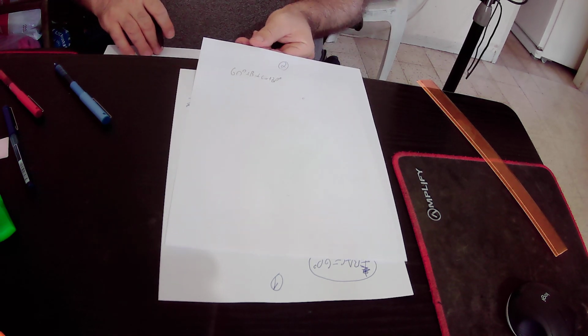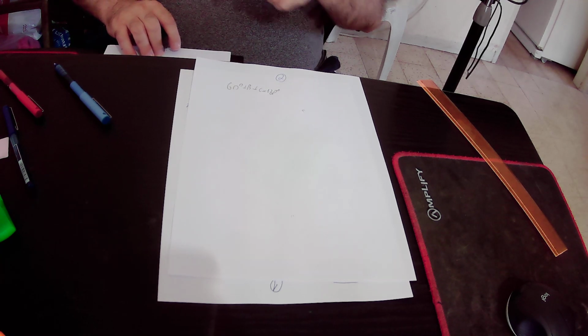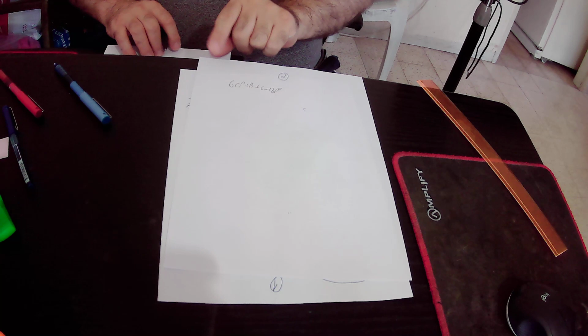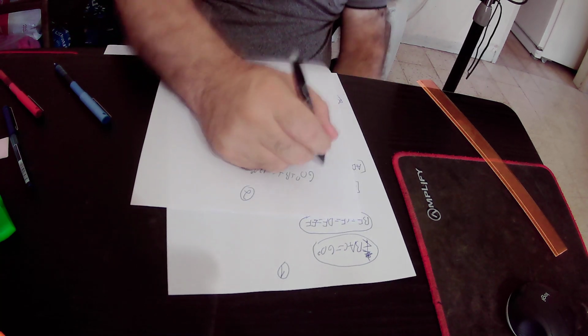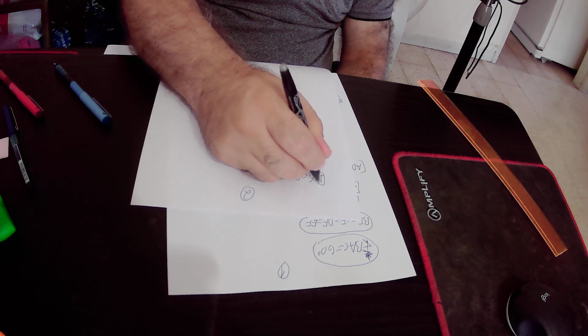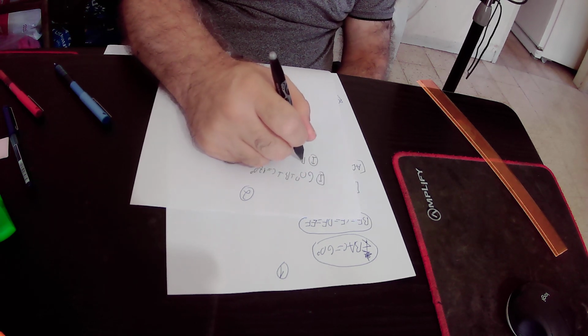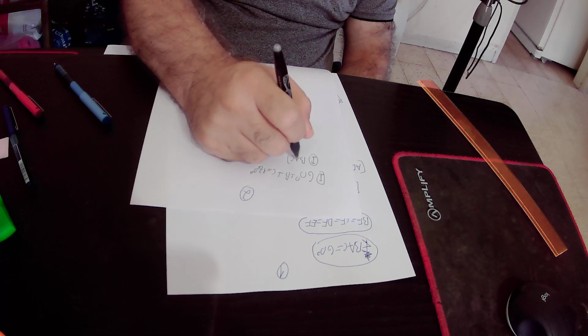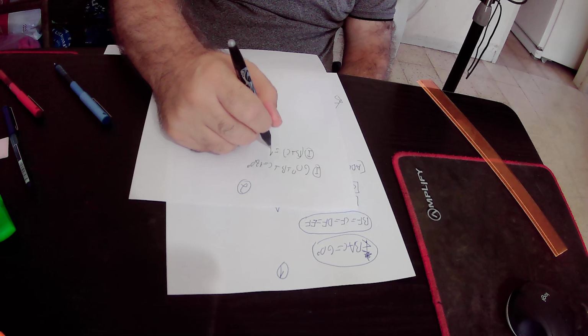Okay, so from this equality we will subtract 60 degrees. It will be equation number 1, and we will get that B plus C equals 180 degrees minus 60 degrees, which is 120 degrees.